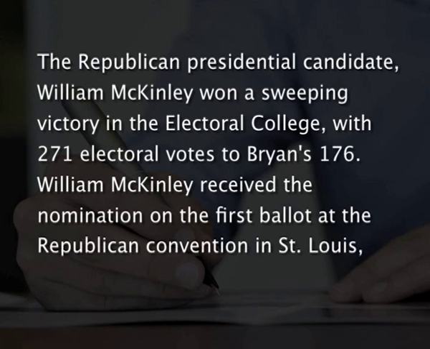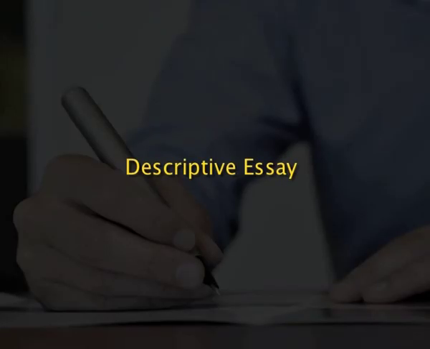William McKinley received the nomination on the first ballot at the Republican Convention in St. Louis in June of 1896. So, is it clear for you? This is all about the expository essay, and the next slide talks about the descriptive essay.